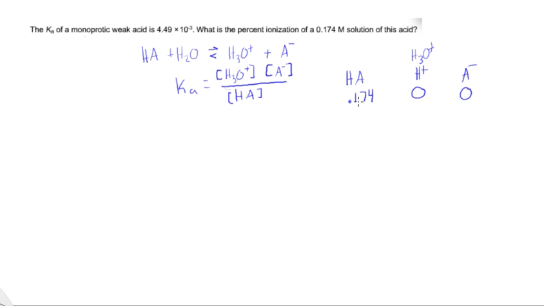So the question is, as it goes towards equilibrium, I'm going to be losing HA and I'm going to be gaining hydronium, going to be gaining A minus ion. Okay? And so at equilibrium, I have 0.174 minus X. I'm going to have plus X and positive X here.